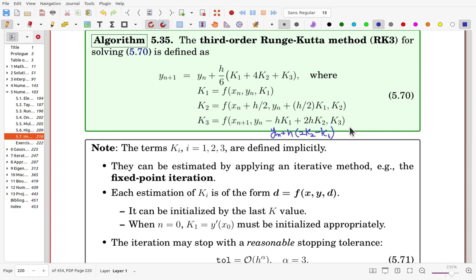For the next level k1, the last k3 can be used for initialization. Now the problem is when n equals 0, k1 has no earlier k3, so you have to initialize k1, which is representing y prime at x0. You have to initialize this value nicely.